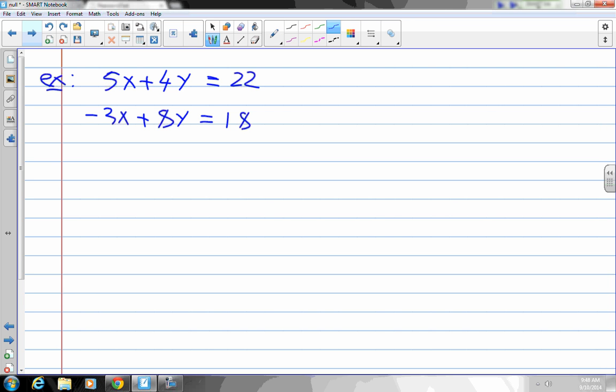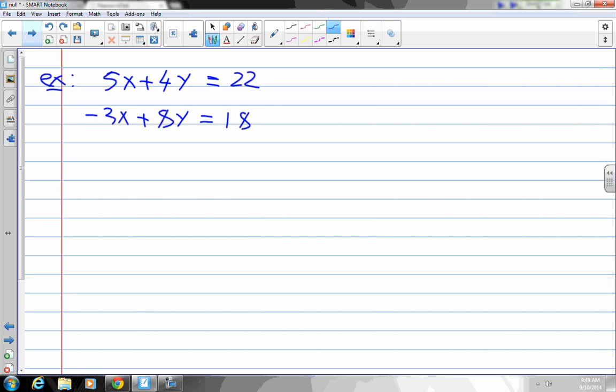Can I ask you to solve this system by substitution? Which variable should we solve for? The top one. Sure, because in this case, it doesn't really matter. They're all going to be messy, right? Because they all have coefficients.